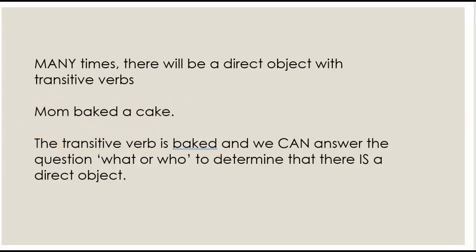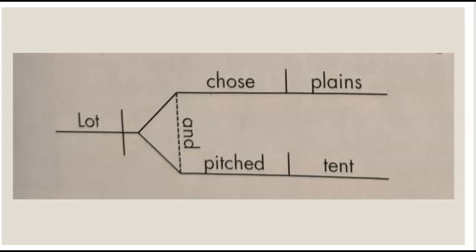I want to show you how we diagram our direct objects. This sentence is going to have two verbs: Lot chose the plains and pitched his tent. Who or what is this about? It's about Lot. What did Lot do? He chose what?